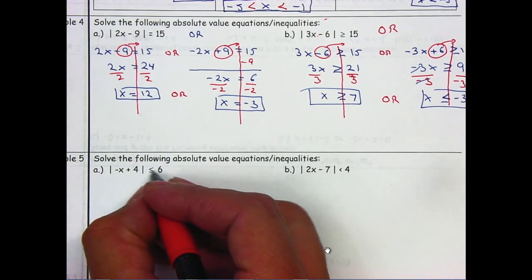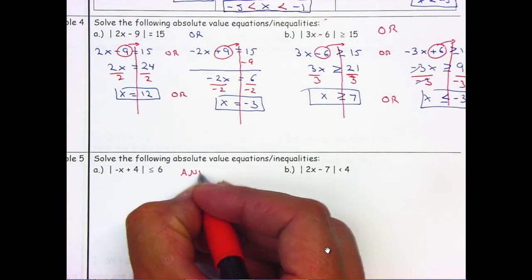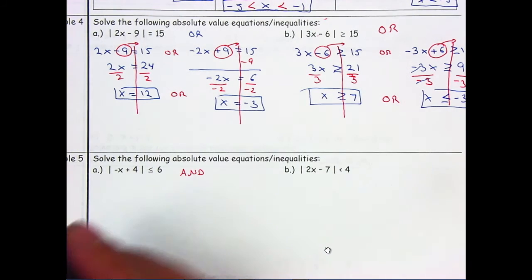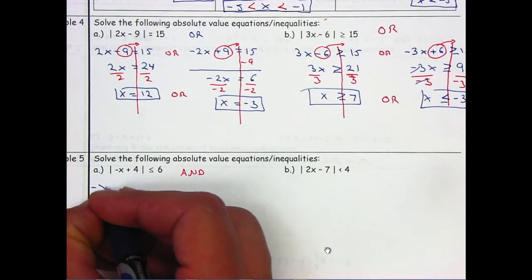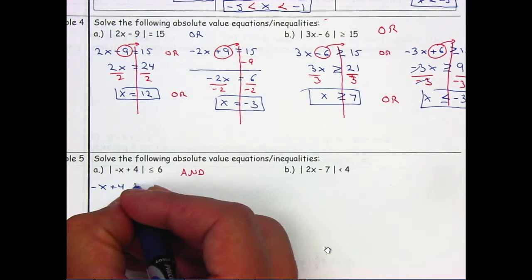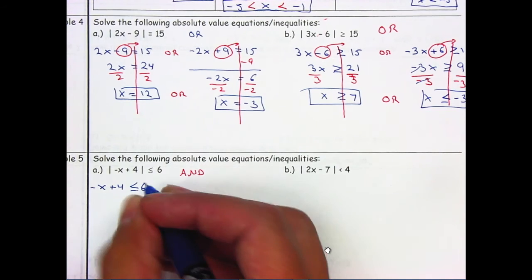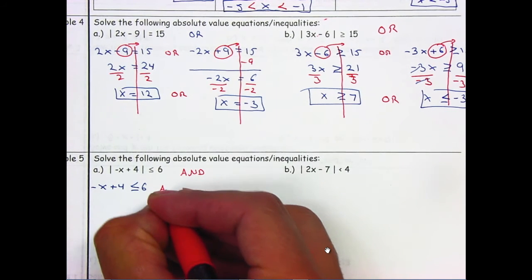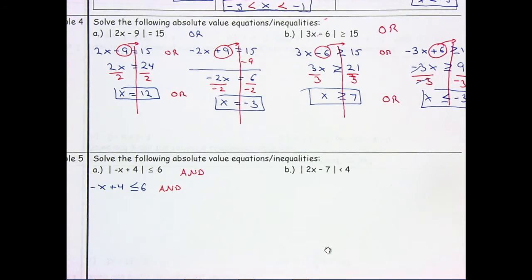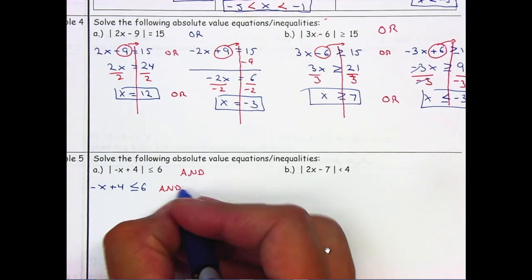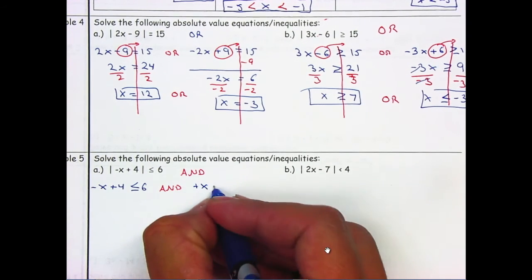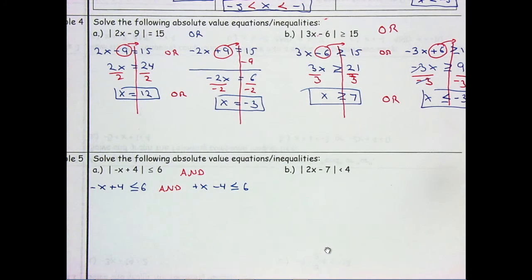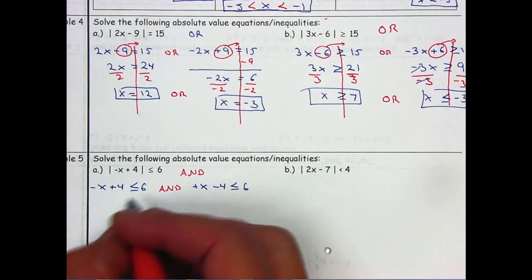This one's less than, so this will be an AND. We are going to have two solutions. Negative x plus 4 is less than or equal to 6, and this is negative, so it will be positive x minus 4 is less than or equal to 6. We solve each of the inequalities separately.